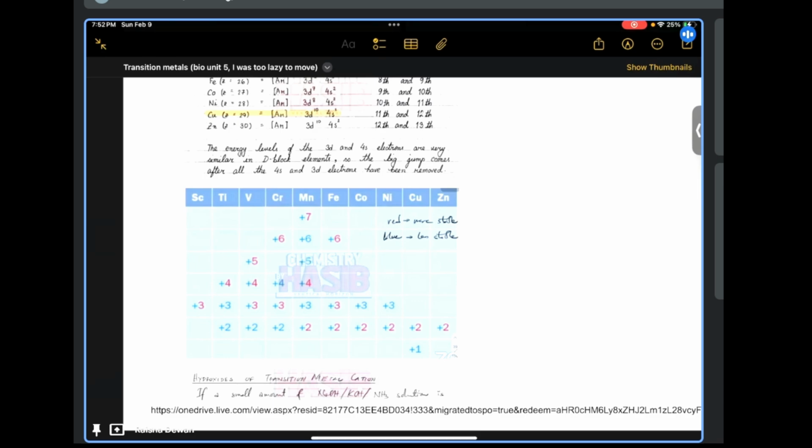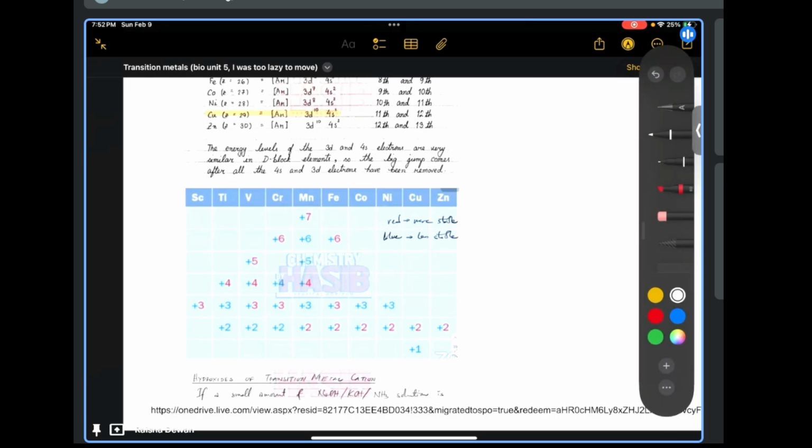So basically, I'm going to explain both of them again. The first thing is, from scandium to manganese, the higher oxidation states are more stable because the higher oxidation states do covalent bonding, and that covalent bonding is really strong compared to the ionic bonding of +2 and +3.